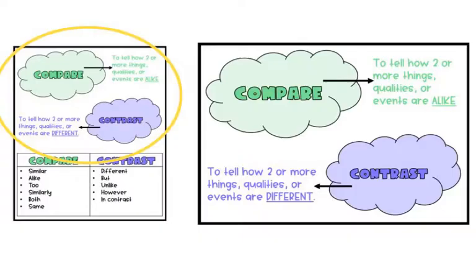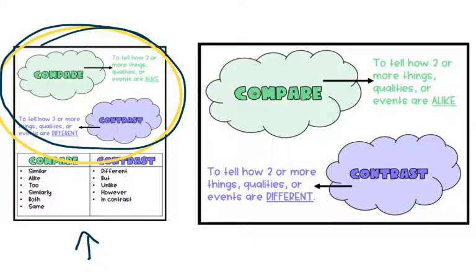On the anchor chart here, you should have seen this before. I have zoomed in on just this part because we're looking more at this part than using keywords in a text. So remember, compare is to tell how two or more things, qualities, or events are alike.